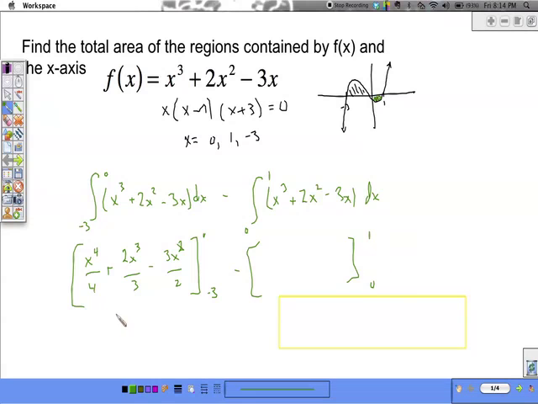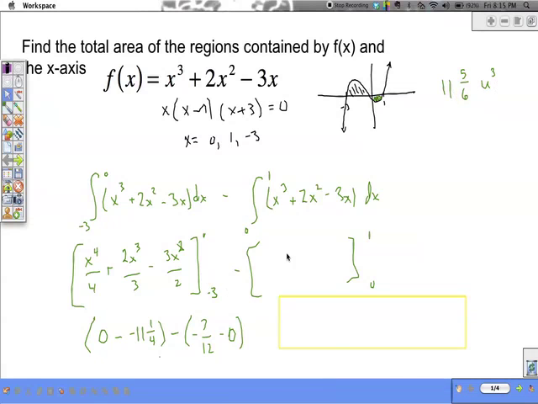And what we end up with is 0 minus negative 11 for the first integral, minus negative 7/12 minus 0 from the second, and our total area ends up being 11 5/6 cubic units.